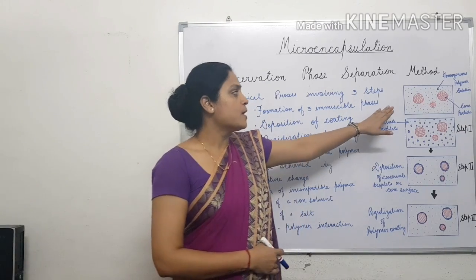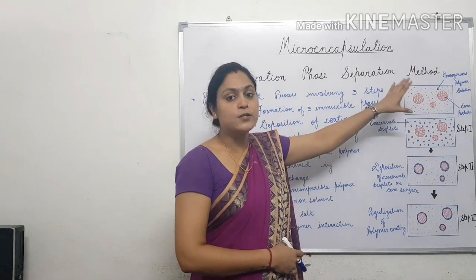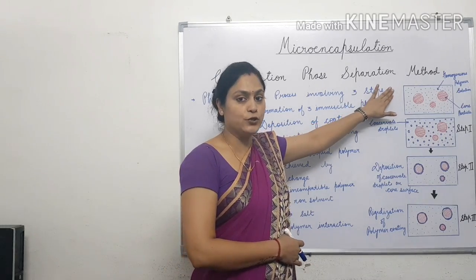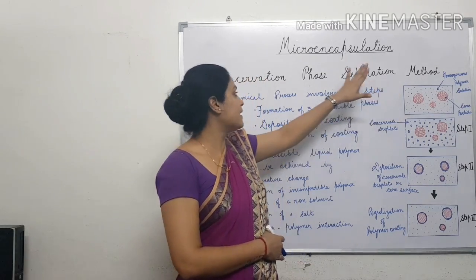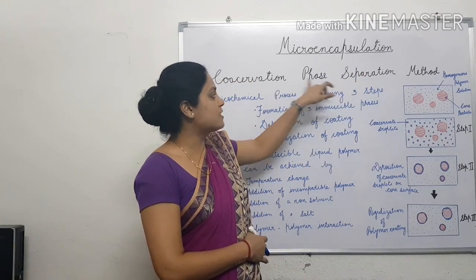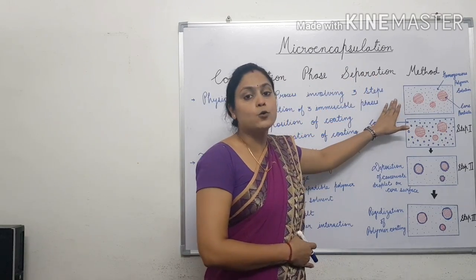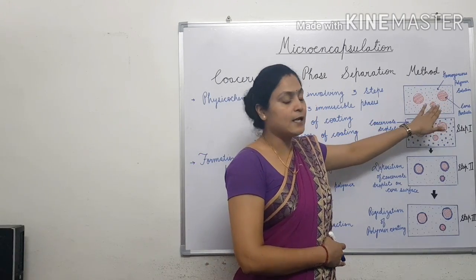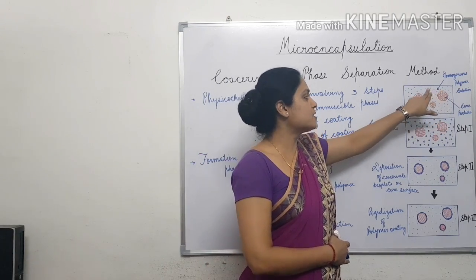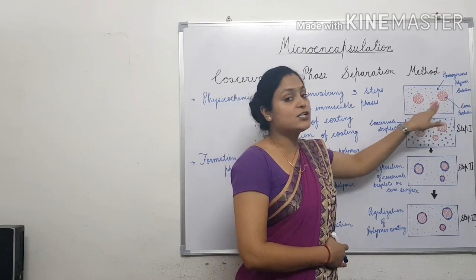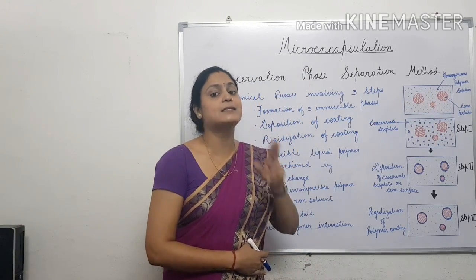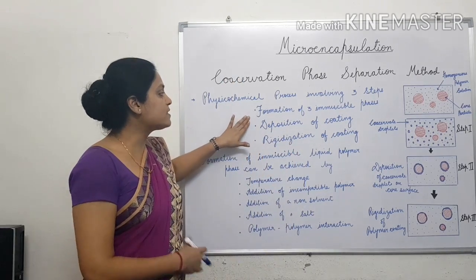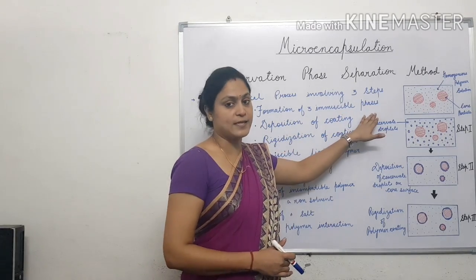So initially, the polymer coating solution is present in homogeneous solution form. So before starting this process, the coacervation phase separation technique, there are only 2 phases. One phase is the core particle and the other is the homogeneous polymer solution, in which the solvent for the polymer is the liquid manufacturing vehicle.